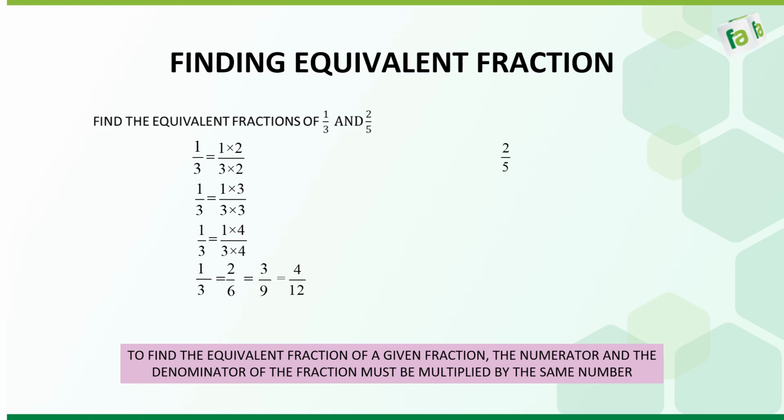Now for 2 by 5, 2 by 5 is equal to 2 into 2 divided by 5 into 2, and 2 by 5 is equal to 2 into 3 divided by 5 into 3, and 2 by 5 is equal to 2 into 4 divided by 5 into 4, which is equal to 2 by 5 equals 4 by 10 equals 6 by 15, which is equal to 8 by 20.